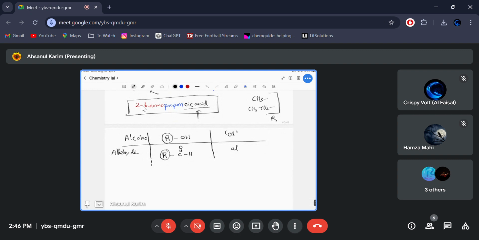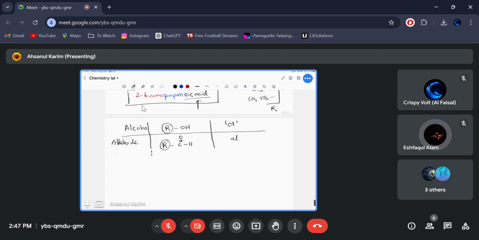Propyl, ethyl, methyl, pentyl, all of these are considered R. Any issues? No, sir. Ishfaq?